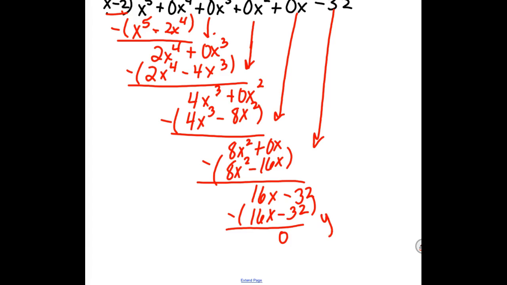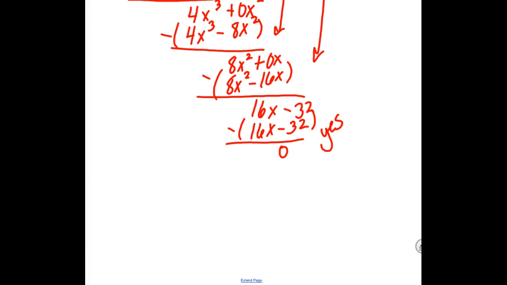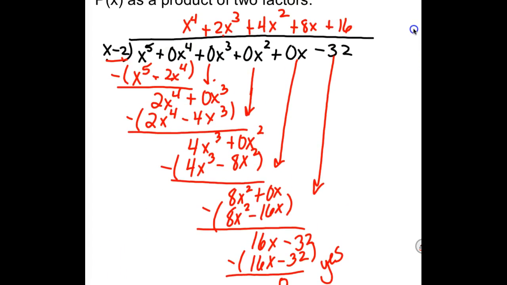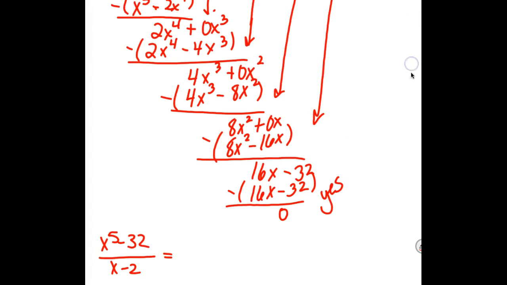We got a remainder of 0. And if I had to write it out, x to the 5th minus 32 divided by x minus 2 gave us this whole big polynomial: x to the 4th plus 2x cubed plus 4x squared plus 8x plus 16. Okay, no remainder.